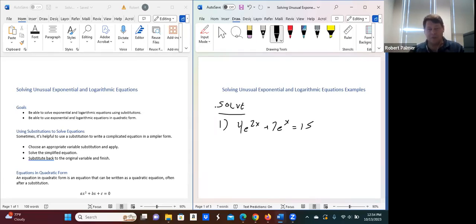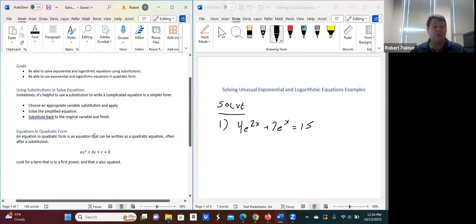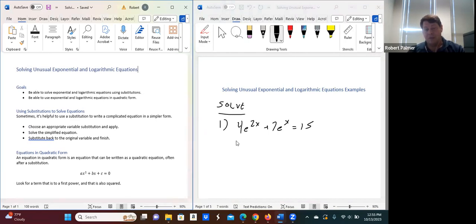I also want you to notice that, as we'll see, we can write this in what's called quadratic form. An equation in quadratic form is an equation that can be written to look like a quadratic equation. So we're going to do that and use it with substitution as well. To make this a simpler equation, we can use a substitution.